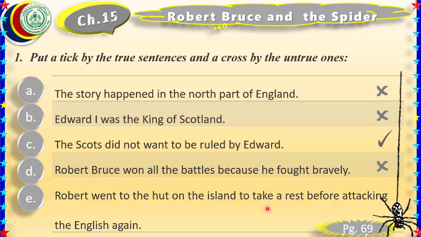He was sitting in a hut to take rest. It is okay. But he was not thinking to attack the English again. He was defeated. That is why this part is also false.